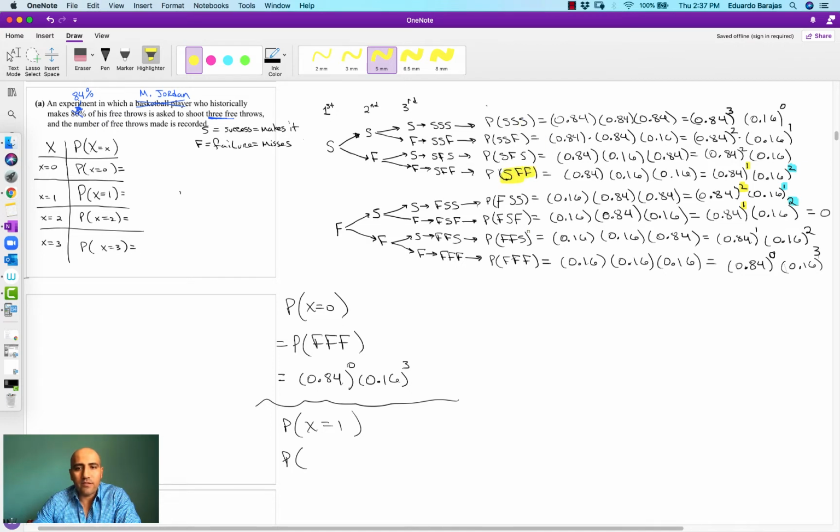Makes the first one, fails the other two. Or this one, he makes the middle one, fails the first and the last. Or this one, he fails the first two and makes the last one. So these are all the ways in which he has exactly one success. Coming back over here, this can be accomplished in one of three ways. Either he has an SFF situation, makes the first one, fails the second one, fails the third one. Or another way that this can be accomplished is to have an FSF situation.